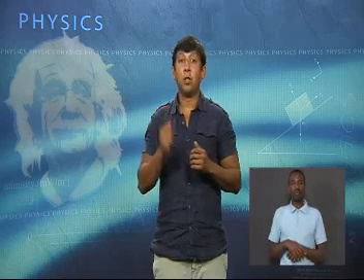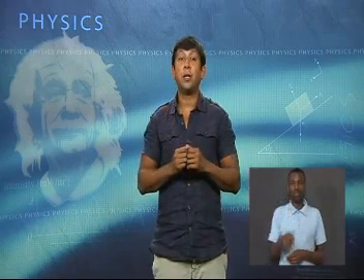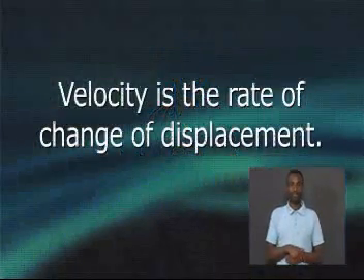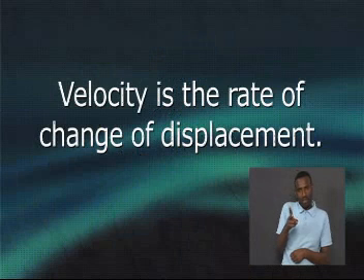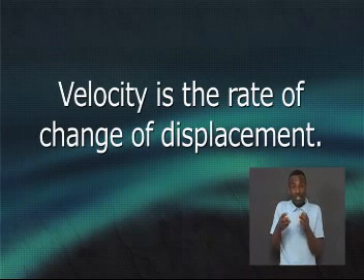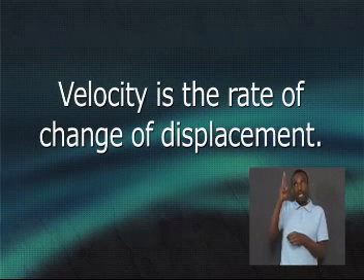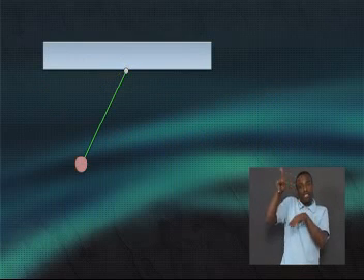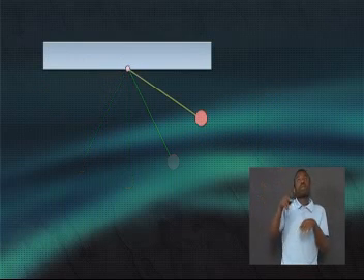Let us now move on to discuss velocity, acceleration, and displacement. The velocity of the oscillating mass is the rate of change of displacement. For example, at the top of a pendulum swing, the velocity is 0.